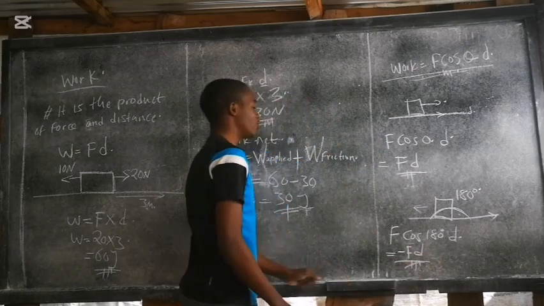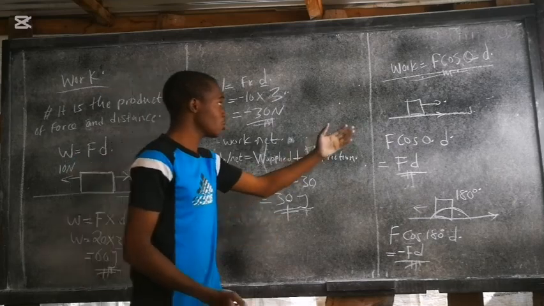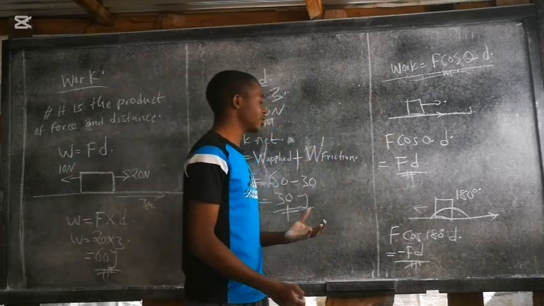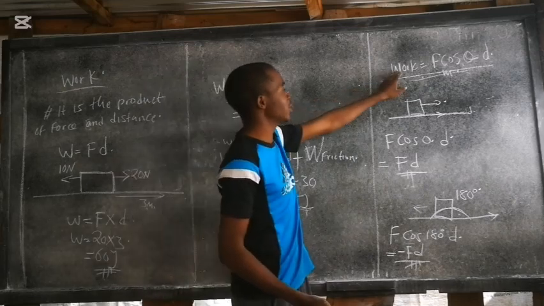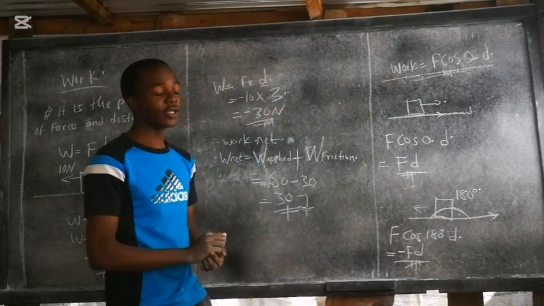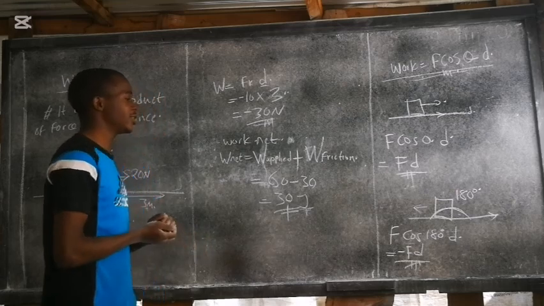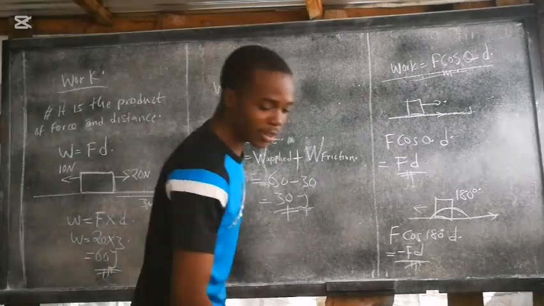So that is the formula for work done. That is the general formula for work done, which is work is equal to F cos theta times d. That is all you need to know on work.